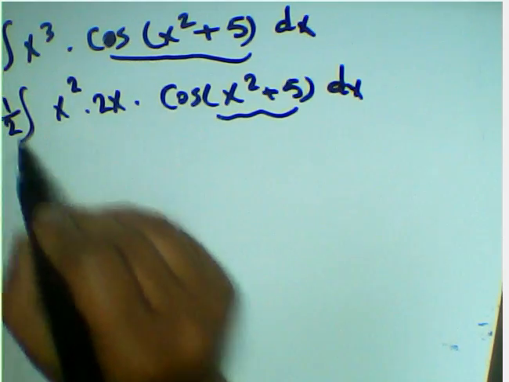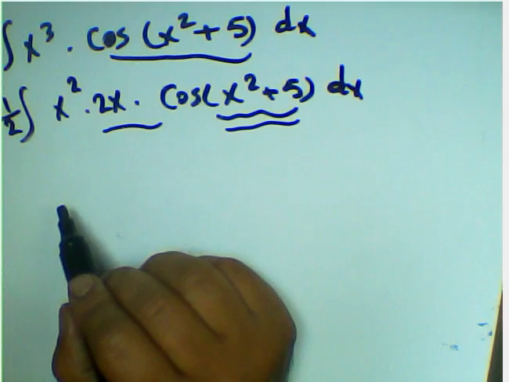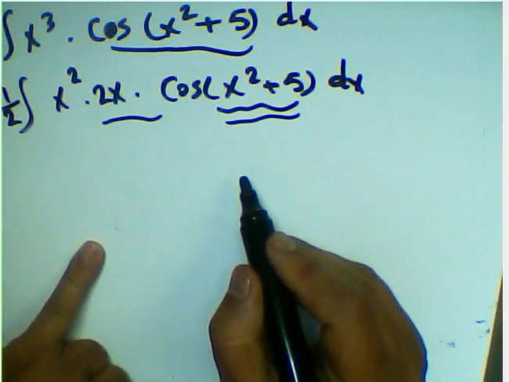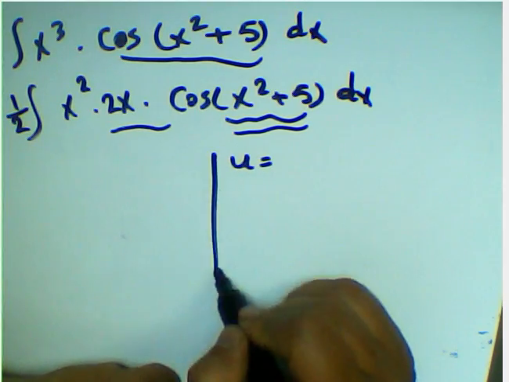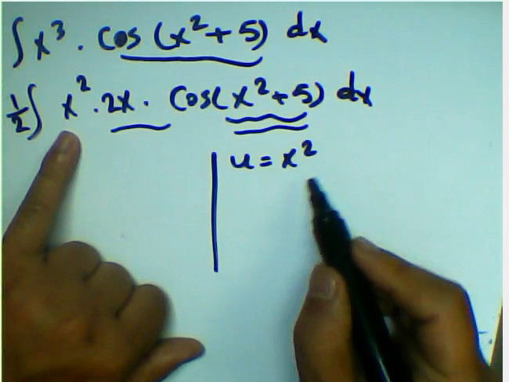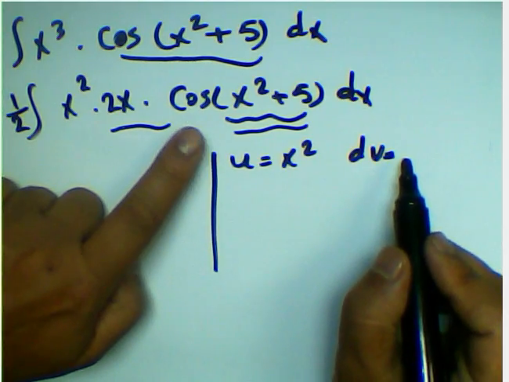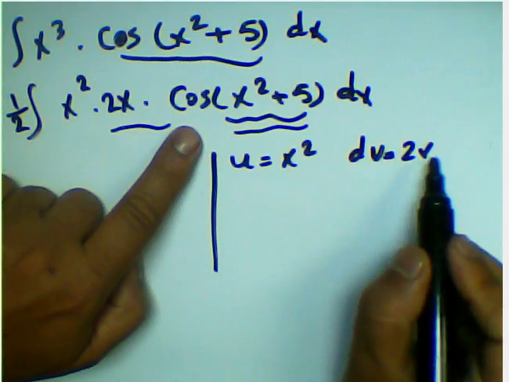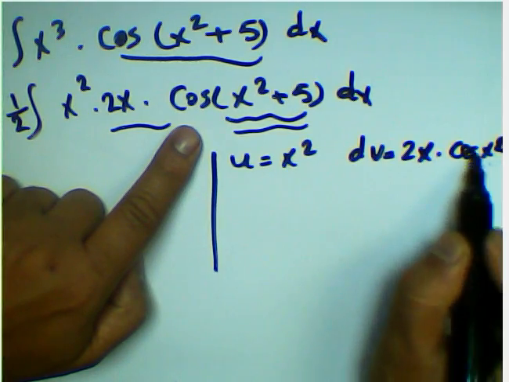We multiply and divide by 2, so we have the function and its derivative behind it. We can use integration by parts, write u equal to x squared and dv equal to 2x multiplied by cosine of x squared plus 5.